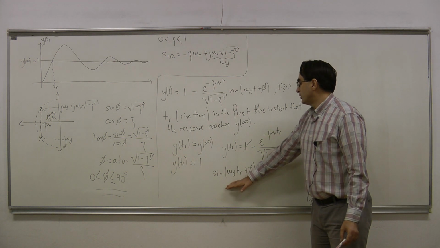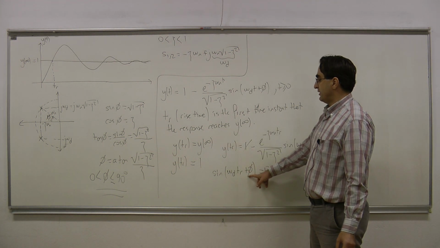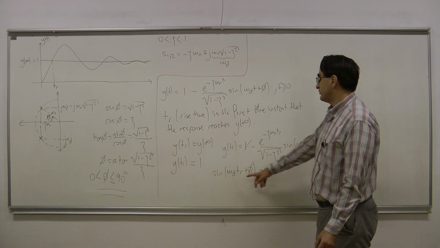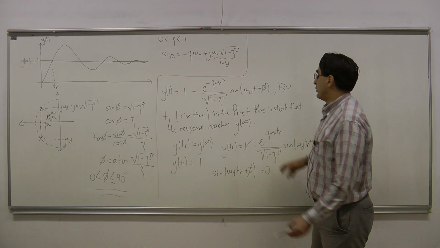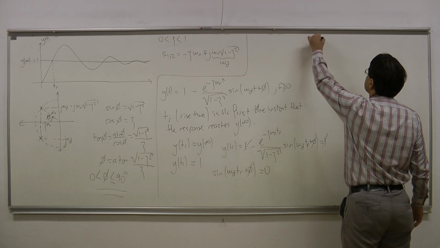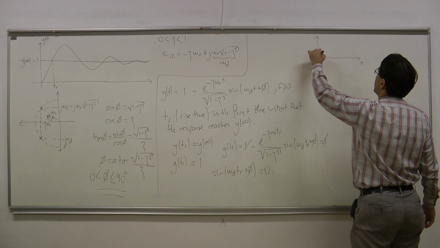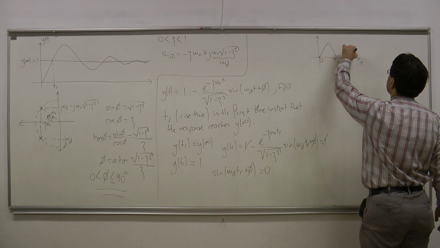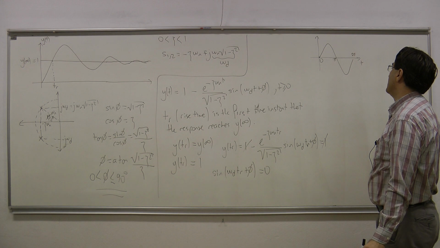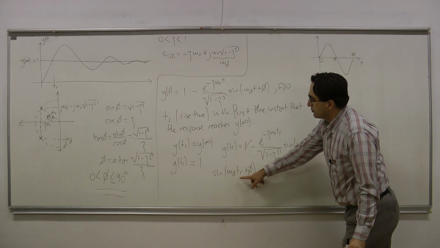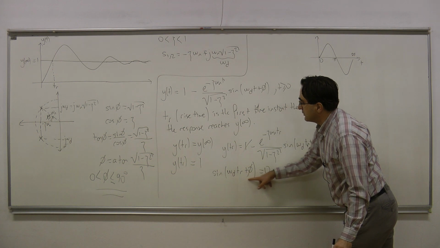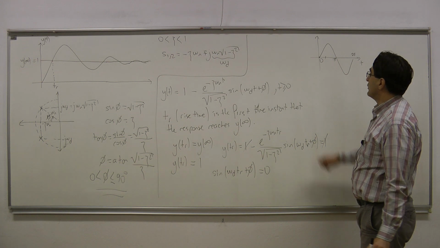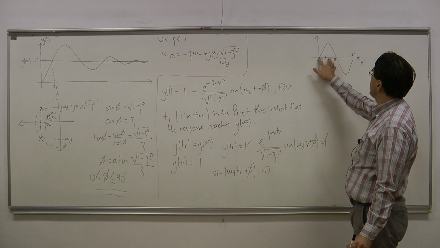So now I'm trying to solve this equation. Phi is between 0 and 90 degrees, and tr is a time value larger than 0. If I look at the sine function against time, this is 0, this is pi, this is 2 pi, etc. At t equals 0, the argument of the sine function is phi, so we start somewhere here, at an angle between 0 and 90 degrees.